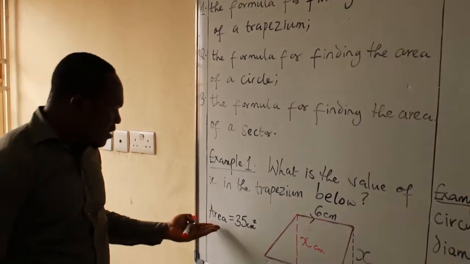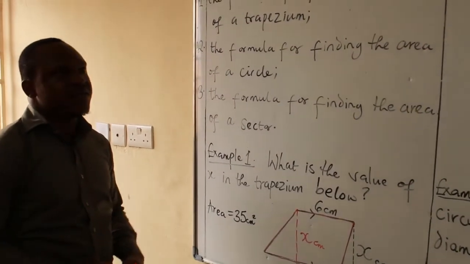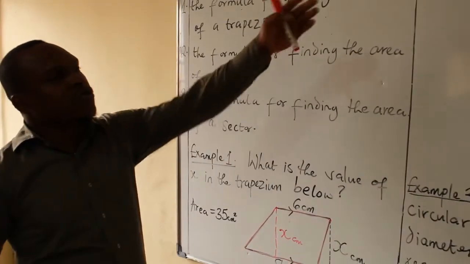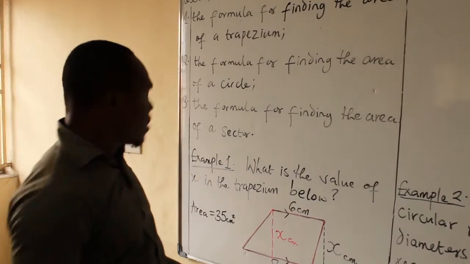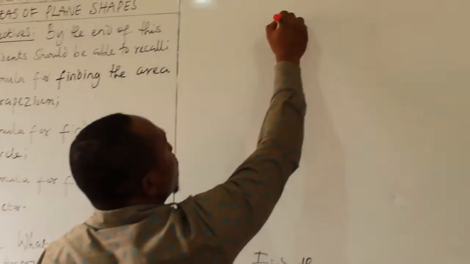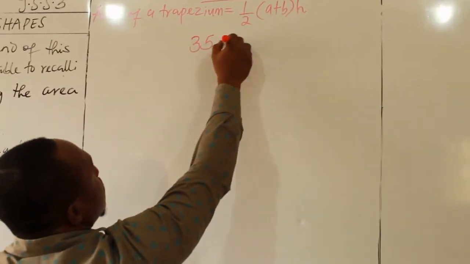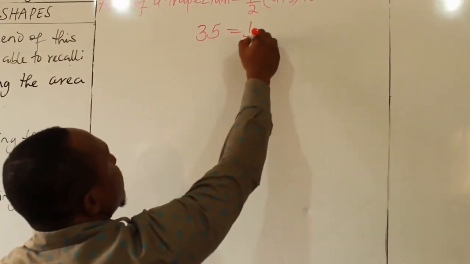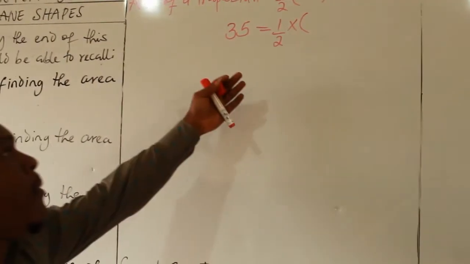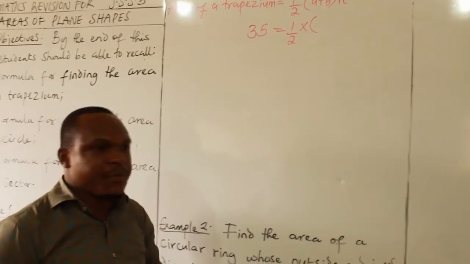So, given here the area of the trapezium is 35 centimeters squared. If we input every data we have here into the formula, we'll have something like this. Area of the trapezium, which is 35 centimeters squared, is equal to 1 over 2 multiplied by, as I said earlier, the sum of the parallel sides of the trapezium.